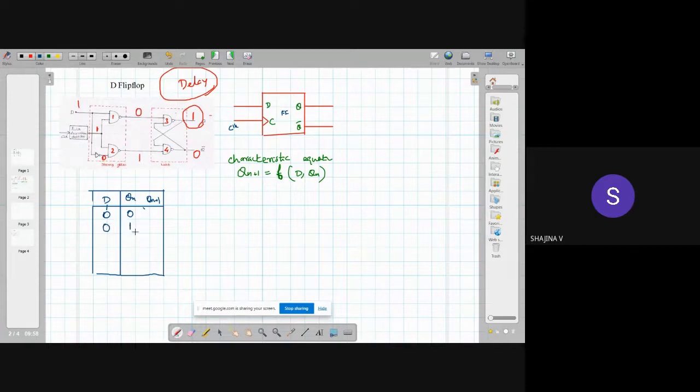In both cases, if D equal to 0, whatever the present state, our output will be equal to 0, right? And for D equal to 1, in that case also we have to consider present state 0 and present state 1. Okay, so if D equal to 1, our output will be equal to 1. So this is the detailed truth table, showing all conditions in detail. From this we can write the characteristic equation. Okay.